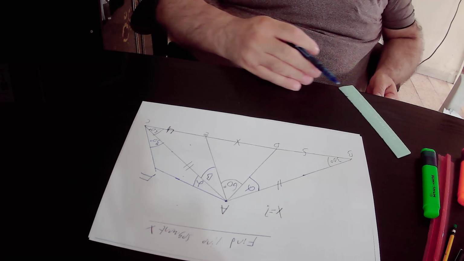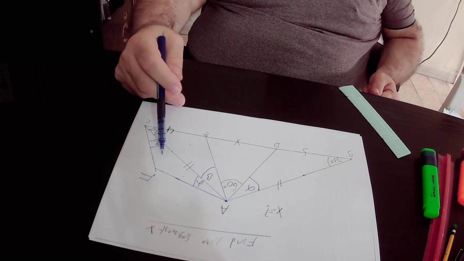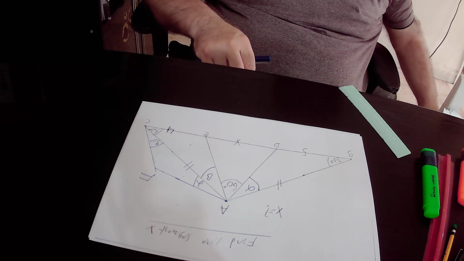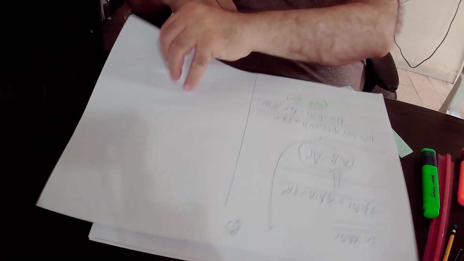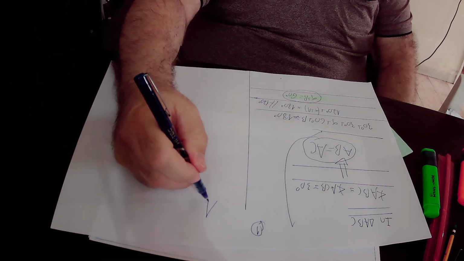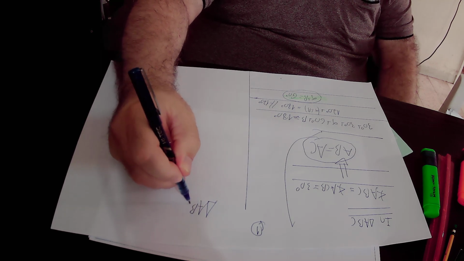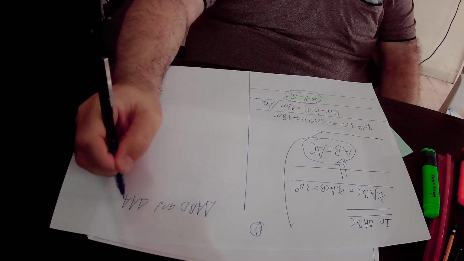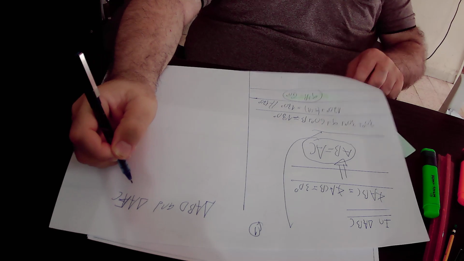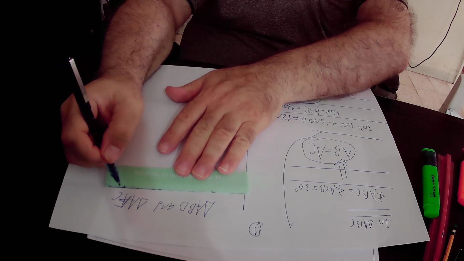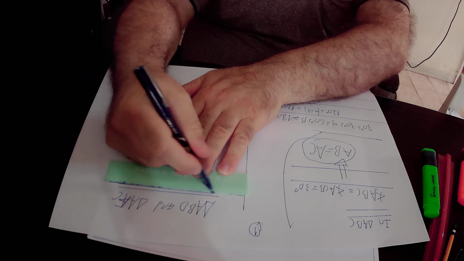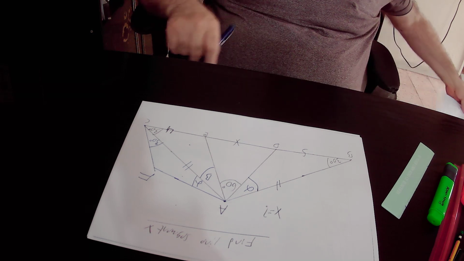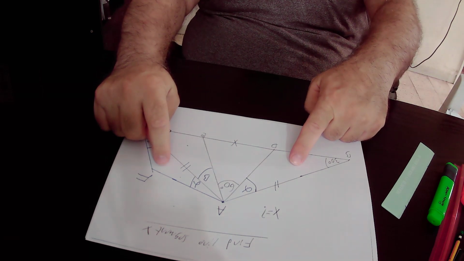In the next step, we will prove that triangle AFC is congruent to triangle ABD. So I write it down. We will actually prove that triangle ABD is congruent to triangle AFC. So why are those two triangles congruent to each other?